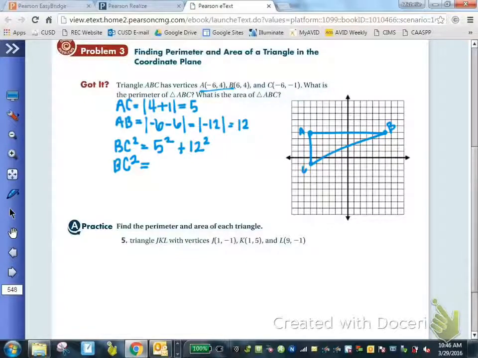Five squared is... 12 squared is? Okay. So that gives me 169. And then how do I find just BC? Square root it. You could have just square rooted it from the beginning.